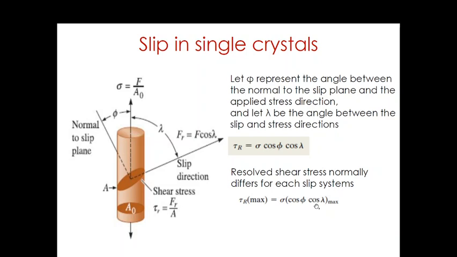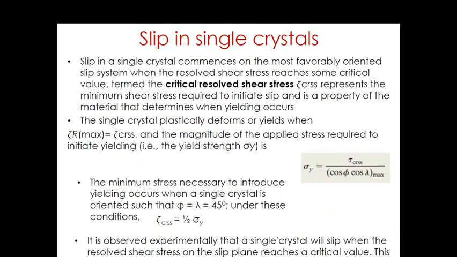In response to an applied stress, tensile or compressive, slip in a single crystal commences on the most favorably oriented slip system. When the resolved shear stress reaches some critical value, termed the critical resolved shear stress, tau CRSS, it represents the minimum shear stress required to initiate slip and is a property of the material that determines when yielding occurs.